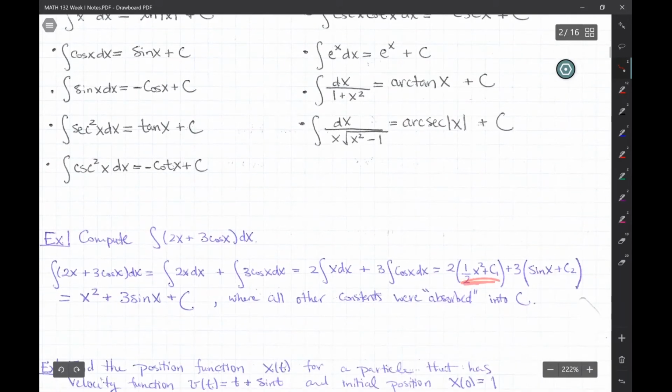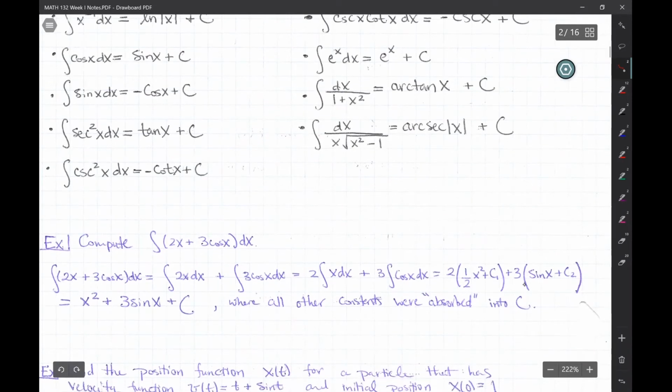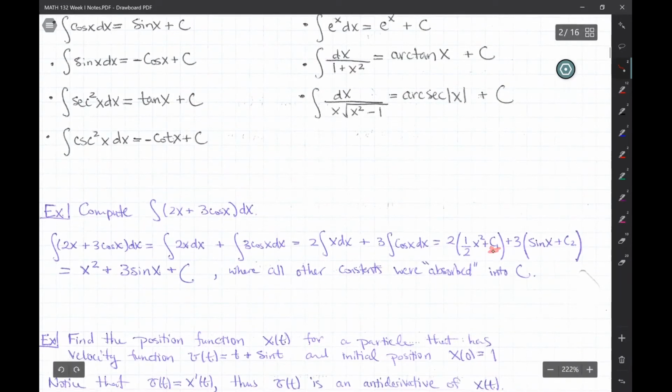And so there's the indefinite integral of x in parentheses there. And likewise for cosine x, we could just take a look and see that that's the indefinite integral. And so we get that sine x plus some constant that I call c sub 2. Okay? Well, what's really important is just that you have a c at the end, right? It doesn't matter that this big capital C that I leave at the end after I simplify this expression is actually equal to 2 times c1 plus 3 times c2.